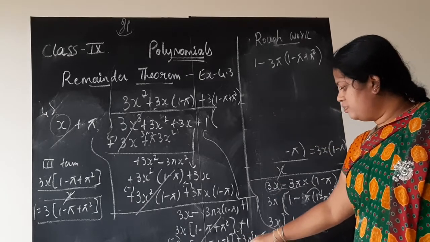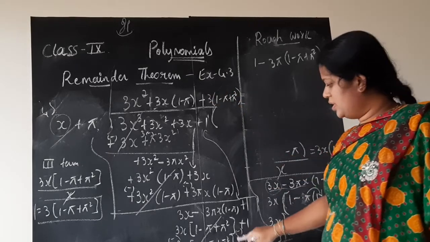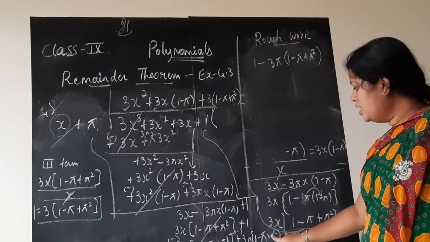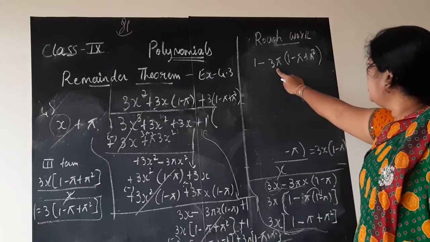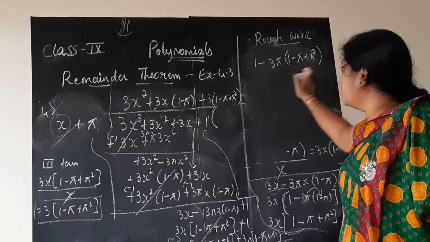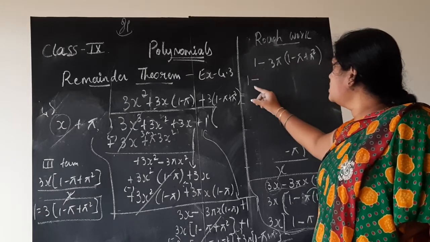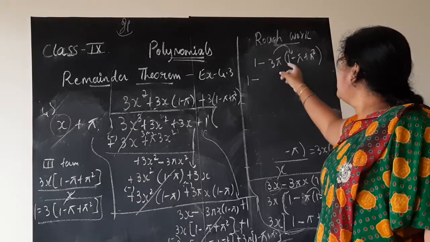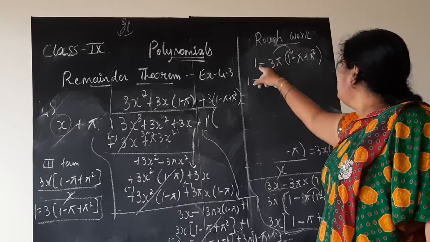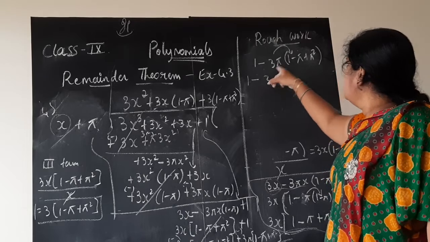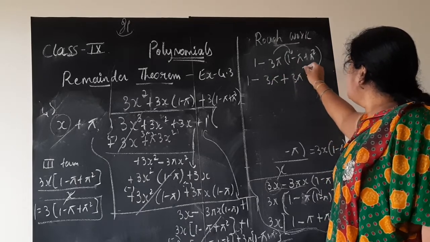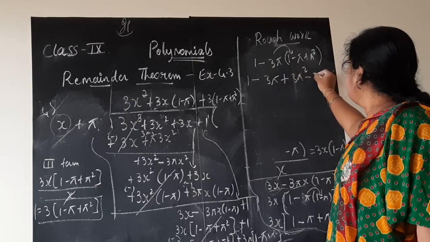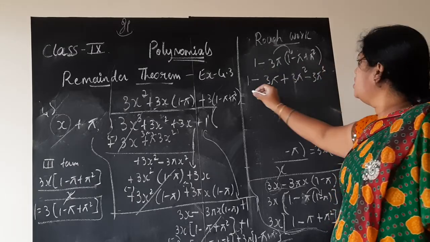The sign changes from plus to minus here, and this whole term I am writing as it is, that is 3 pi into 1 minus pi plus pi square. Now 1 minus I will write as it is, and multiply this 3 pi inside: 3 pi into 1 is 3 pi, minus into minus is plus, 3 pi into pi is 3 pi square, minus into plus is minus, 3 pi into pi square is 3 pi cube.